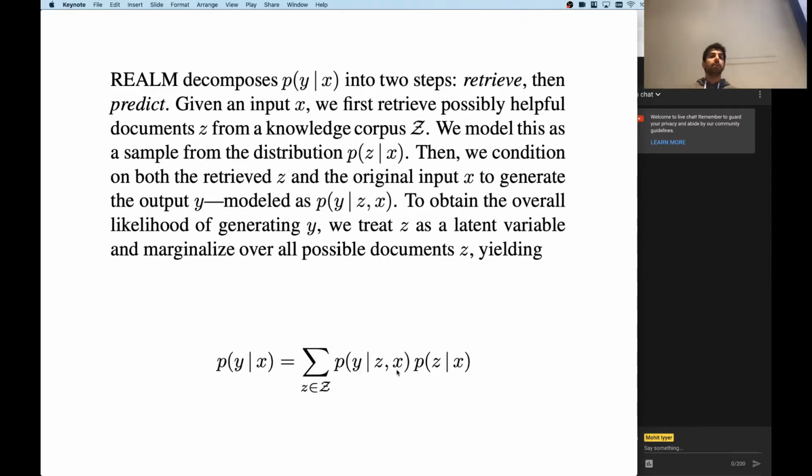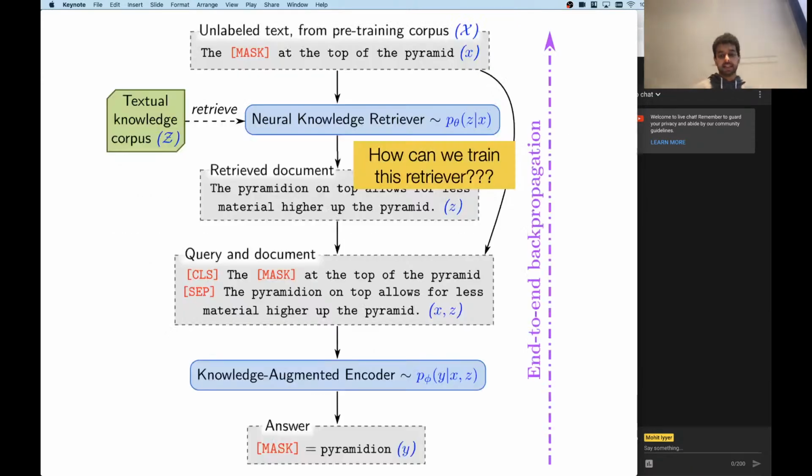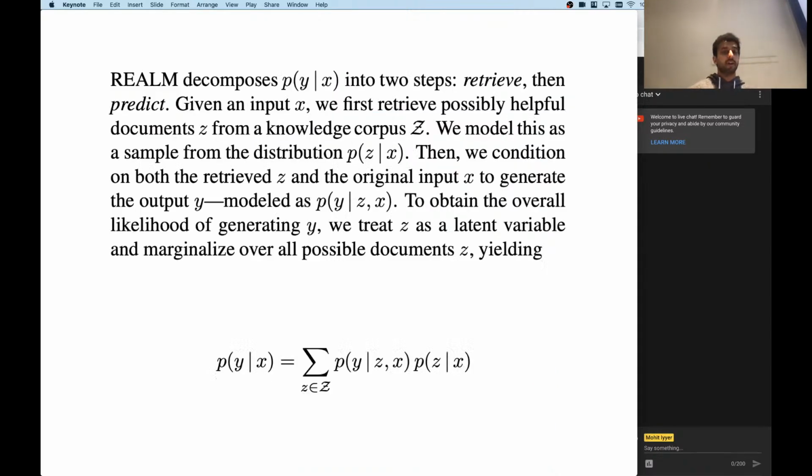Now the crucial point is that we don't know beforehand which paragraphs are going to maximize this conditional probability, right? We don't have any training data that says, when I get this context, I always want to retrieve this particular passage. There's no way for me to get this kind of data. So the model actually has to learn which documents are more relevant than which other documents for maximizing this probability.